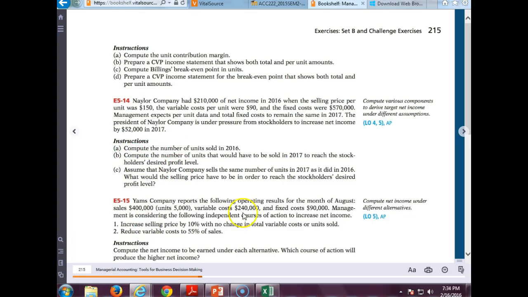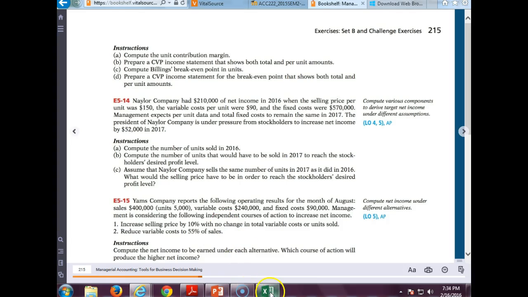Assume, excuse me, wrong. I'm on the wrong one. Compute Billings' break-even point, we did, the 450. Now we are going to prepare our CVP income statement for the break-even point that shows both total and per unit amounts.